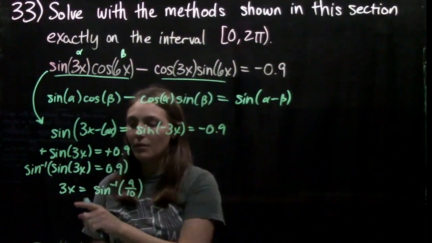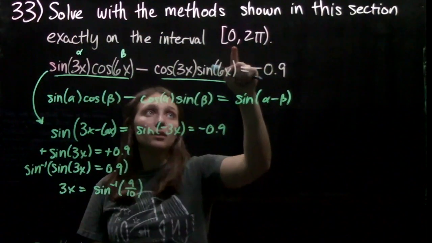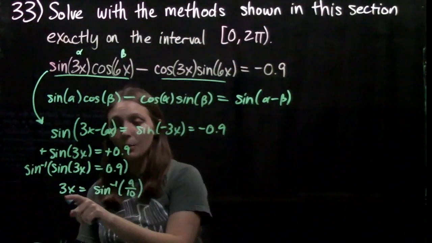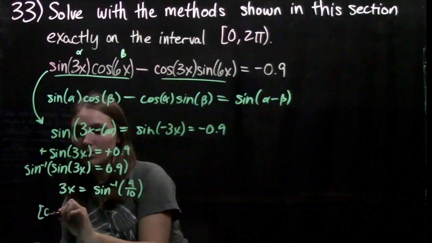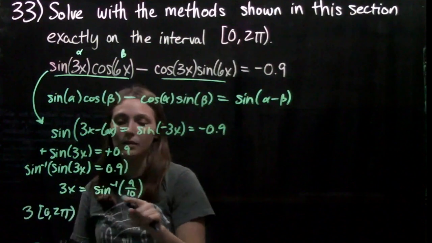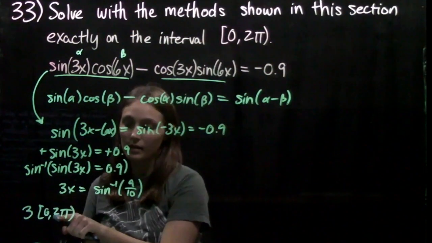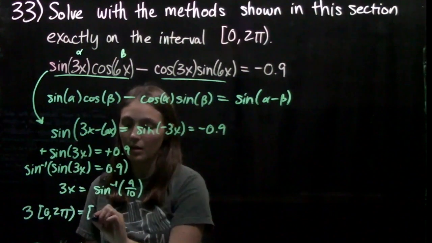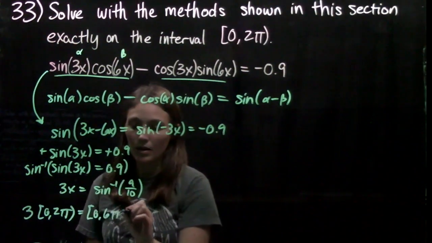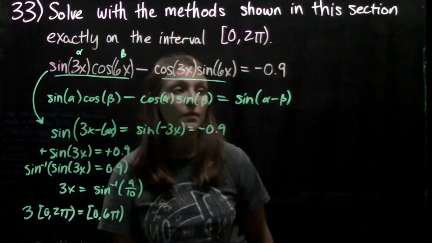Cool. So now we've solved for 3x, and we know that we want x to be within 0 and 2 pi. So what we can actually do is multiply our interval 0, 2 pi times 3. So that will tell us all the values that this can take. It'll now be between 0 and 6 pi, will now be our interval. Okay, so now we're ready to go ahead and solve for all the values of x that this can take.